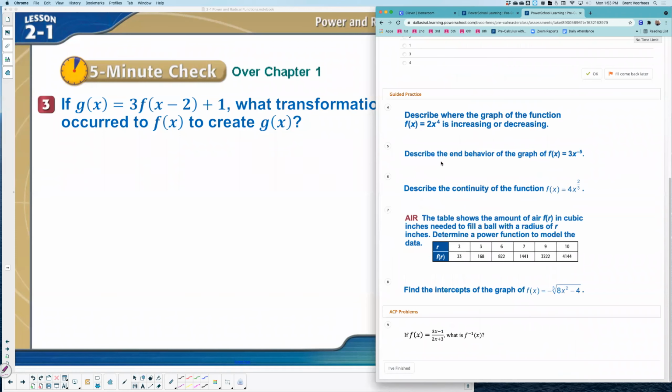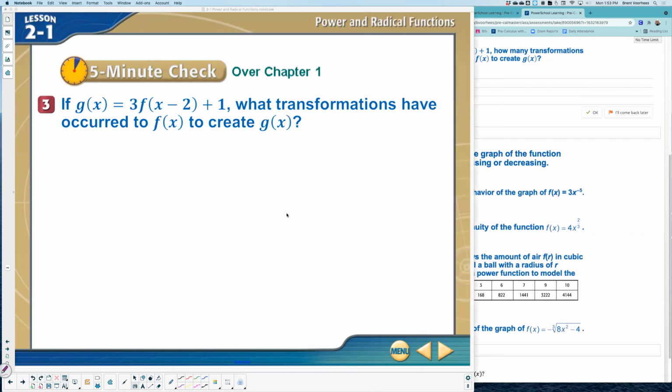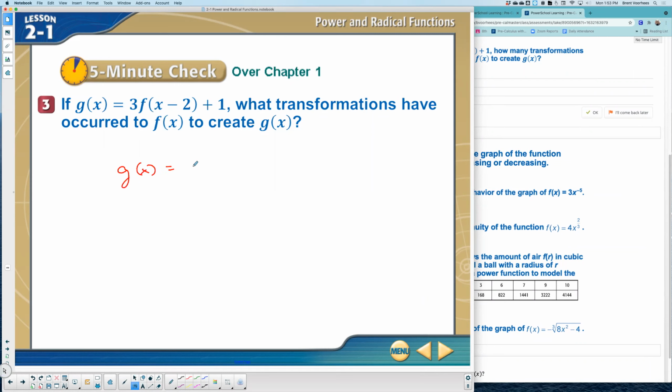On number 3, the question's a little different. It says how many transformations are there? So I want to let you count up and think yourself, how many transformations occur? And then we'll talk about what they are. So the problem's given that g of x equals 3 f of x minus 2, plus 1.